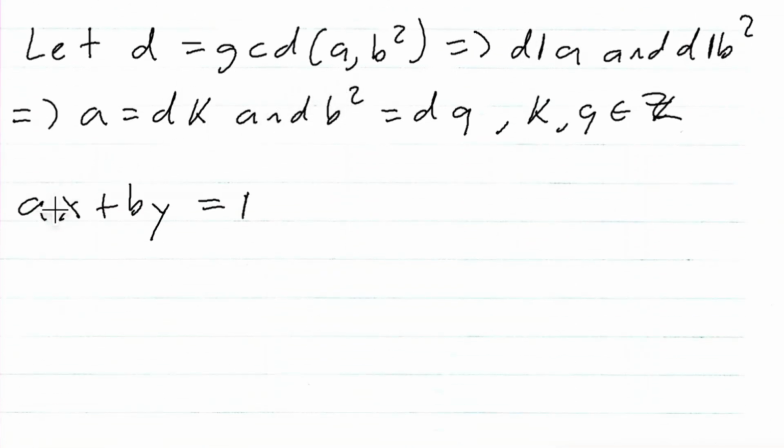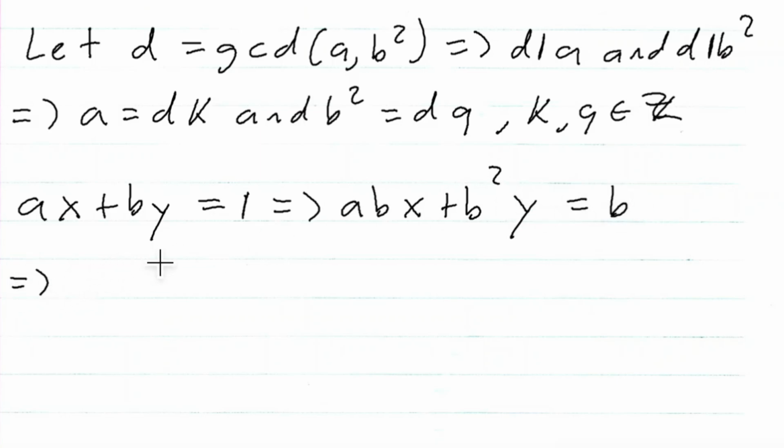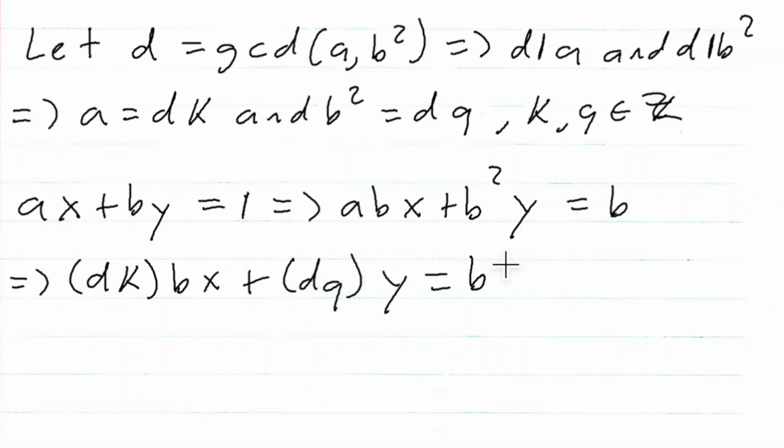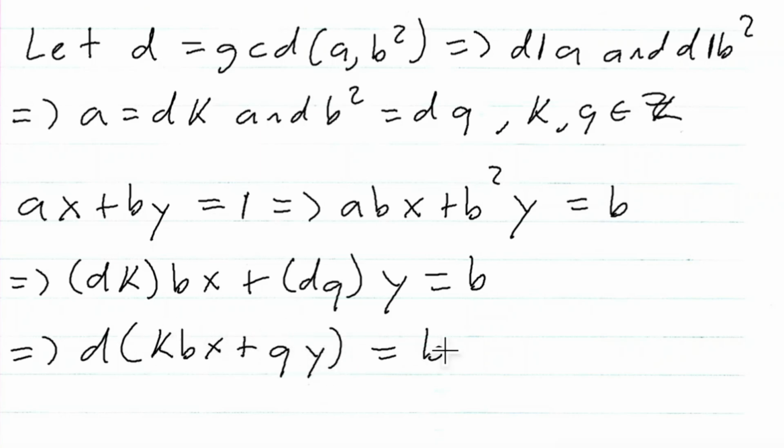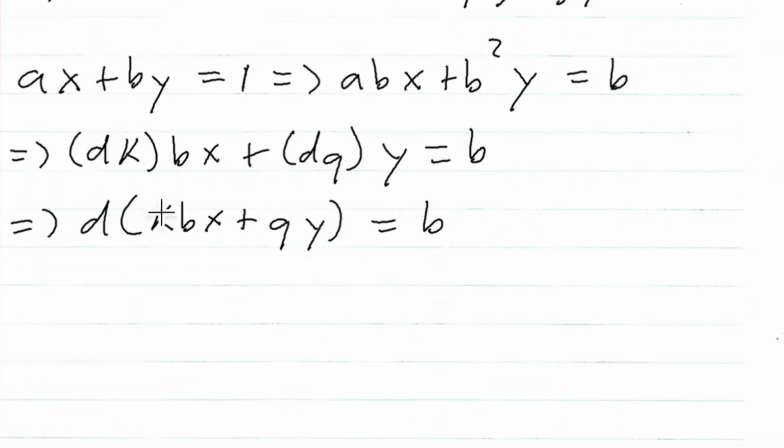So to get this B squared, I can multiply this entire equation by B. So this means I have ABX plus B squared Y is equal to B. Now, I have A, so I'll substitute that, DK, BX plus, and then B squared is DQY, is equal to B. I can factor out the D from both of these, so I'll have D times KBX plus QY is equal to B.